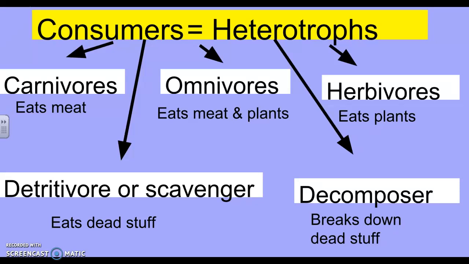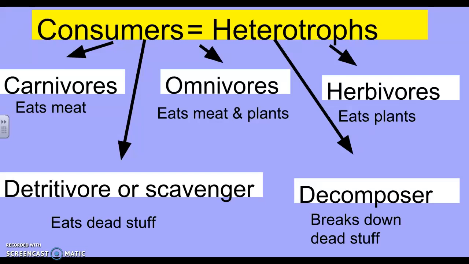What are some examples of scavengers that you guys know about? Hawks. Not hawks, they probably like vultures. Yeah, that's a better example. Hawks and owls do hunt for their food, but it's usually going to be alive, so they're usually going to be carnivores. But vultures are good examples of scavengers, if they eat dead things that they found.